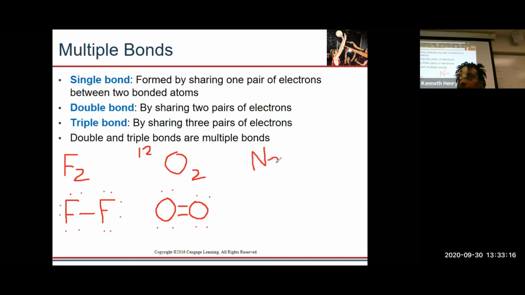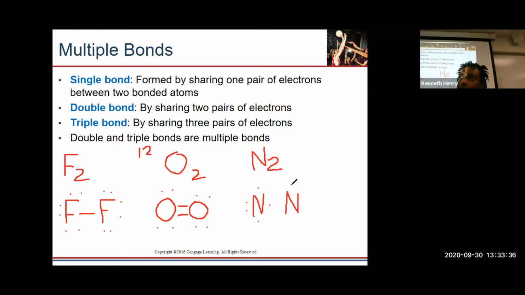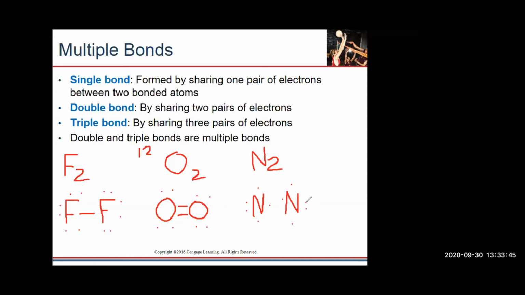And then what about nitrogen? How many valence electrons does nitrogen have? It has 5 valence electrons, so we have a total of 10 electrons to work with. What can I do so that each nitrogen has 8 around it? A triple bond and leave 2 electrons on the outside.